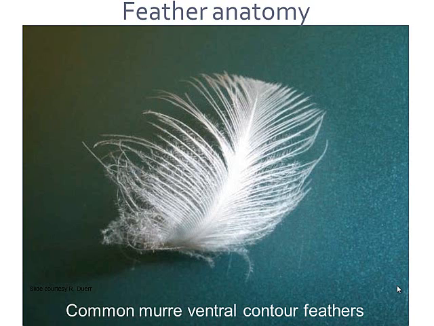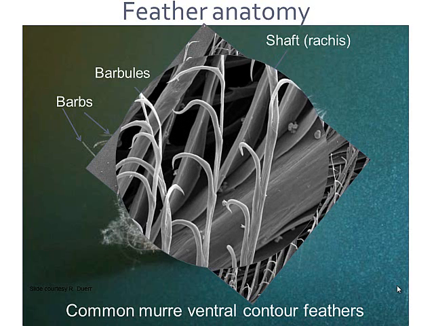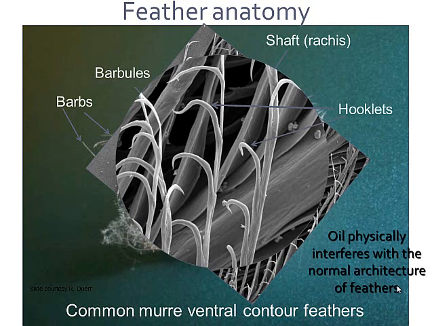And because of that very, very particular structure, so these are just showing the different parts of the feather. This is a microscopic vision of the feather. And this is zooming in to see some of the parts of the feather, the anatomy.